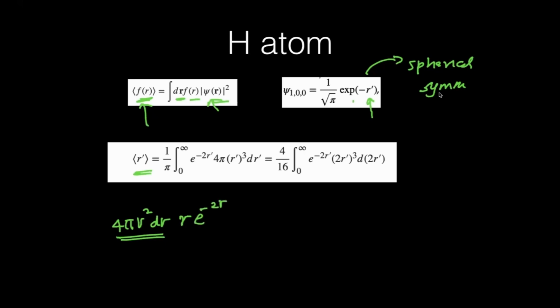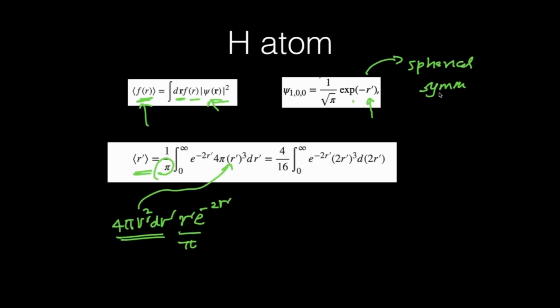That is e to the minus 2r, with the pi pulled out, 4 pi r squared here and another r. For the non-dimensional stuff, I make everything r prime, so dr prime.